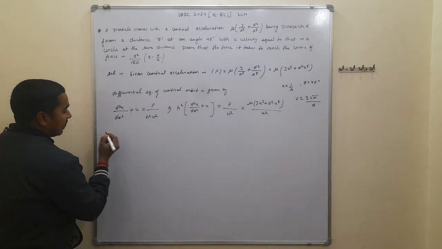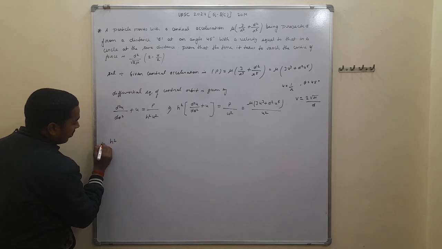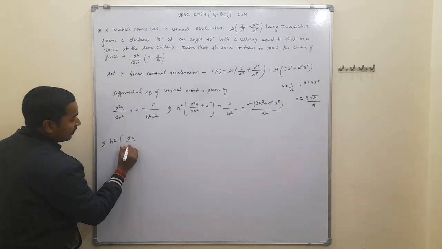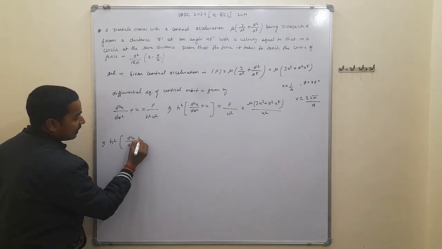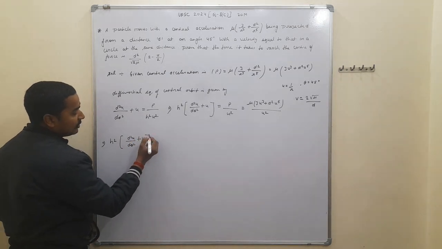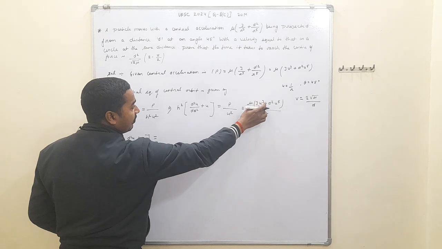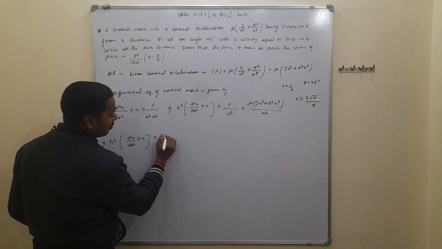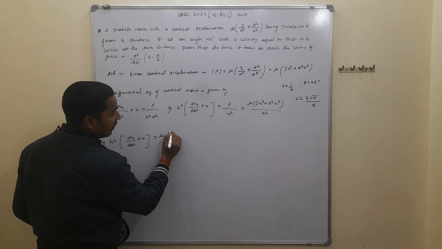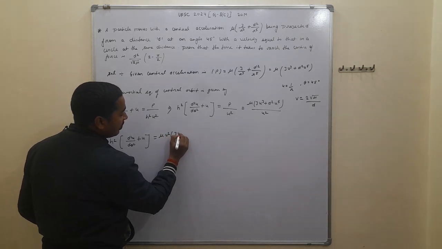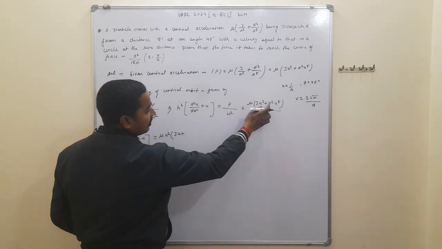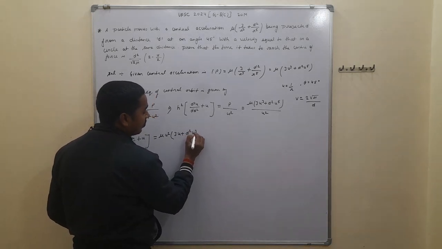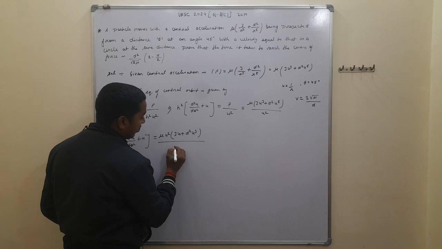Further we have to solve: h square bracket d2u upon d theta square plus u is equal to, from the numerator we take common u square, that is mu into u square, and remaining is 3u plus d square u cube upon u square.